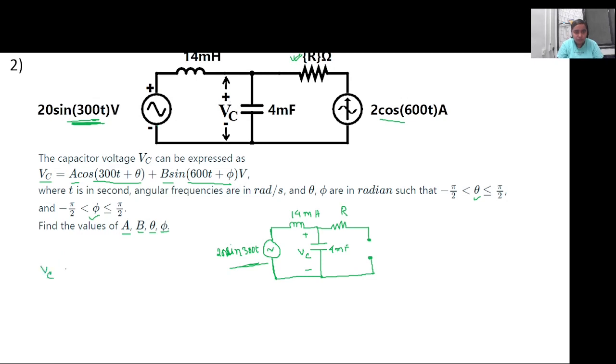Voltage division rule. Yes. So Vc will be Xc by Xc plus XL into the input voltage. Let's name this Vc1, since the net Vc will be the summation of Vc1, considering the first source, and Vc2, considering the second source.